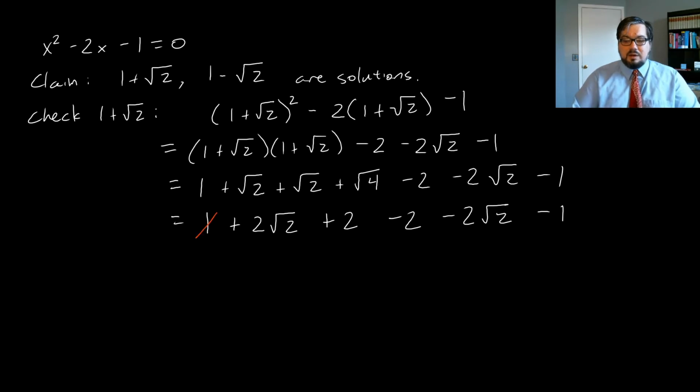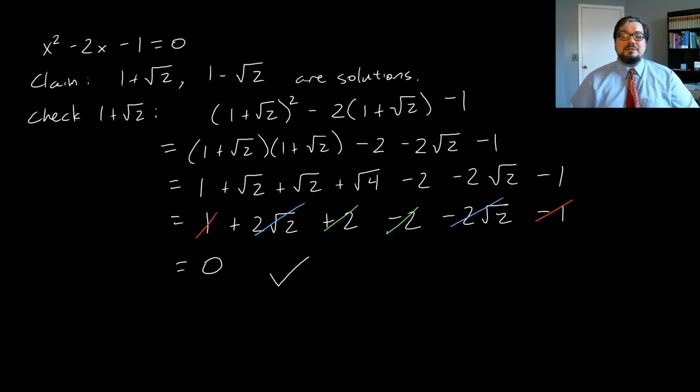We see that the 1 here cancels with the negative 1 over here. The 2 square root of 2 cancels with a minus 2 square root of 2. And the positive 2 cancels with the negative 2. And so we do, in fact, get 0 out of it. And so that checks out that 1 plus the square root of 2 is a solution to this equation.